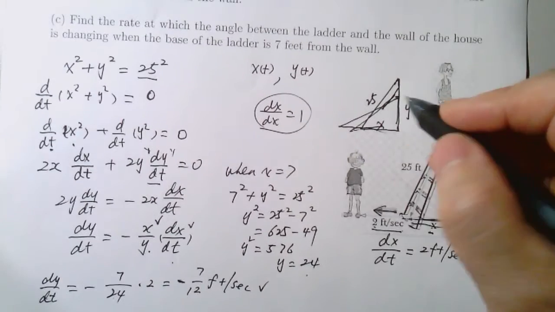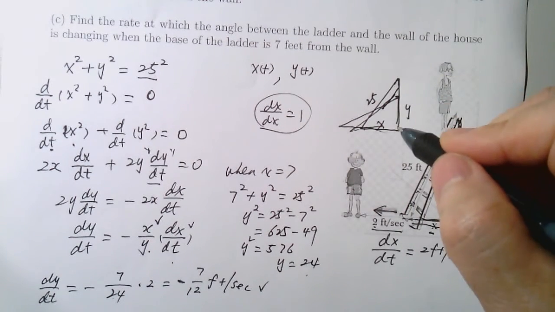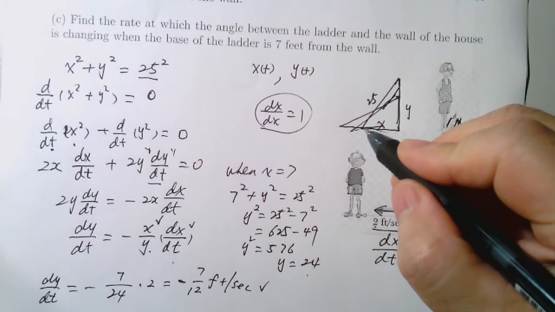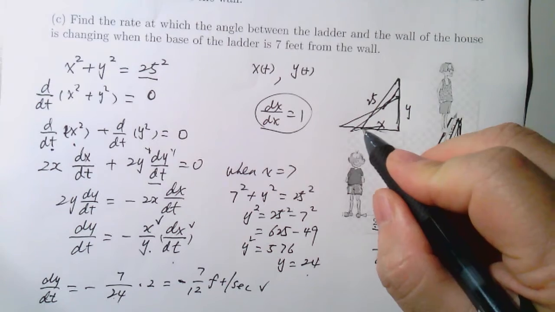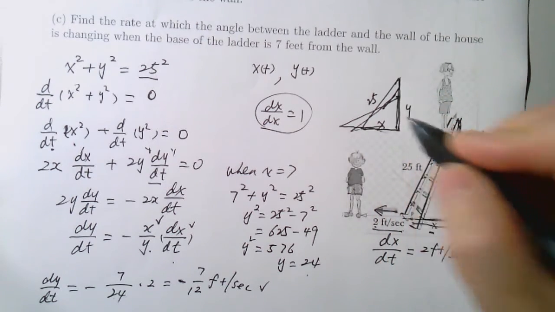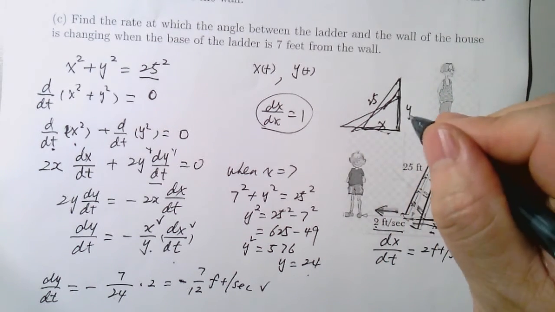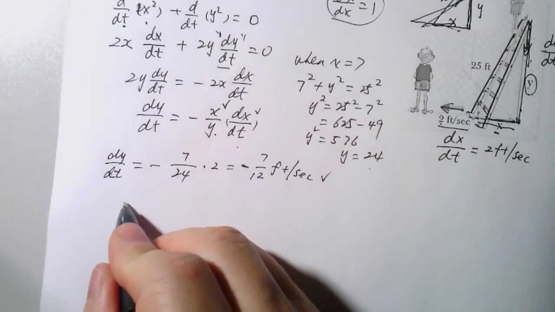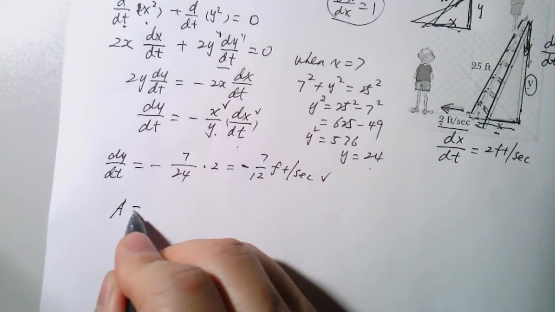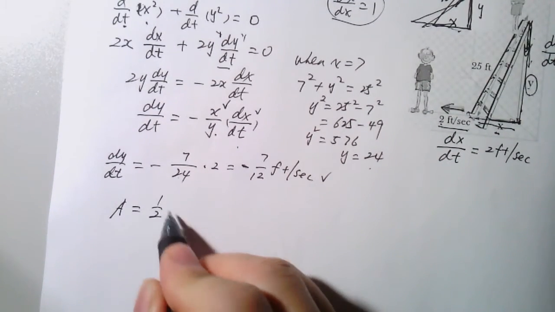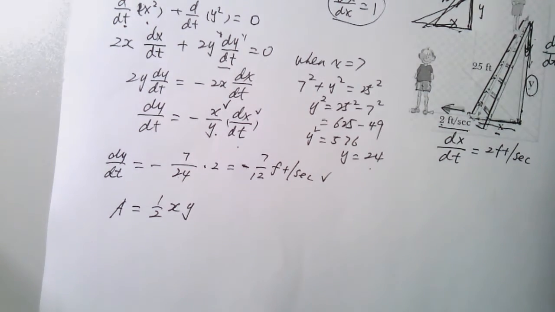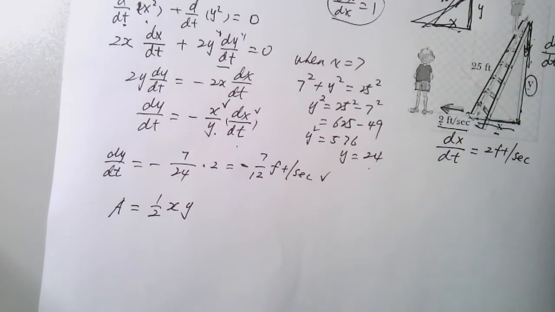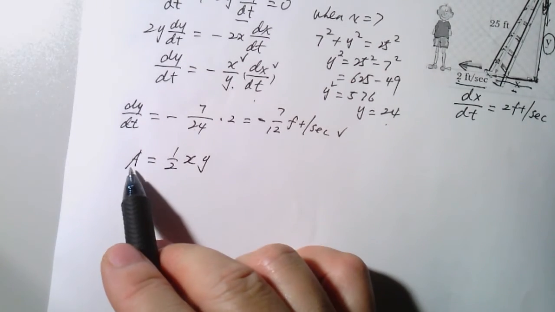You can see this is a right triangle. For a right triangle, the area equals the base times the height divided by 2, which is x times y over 2. So area equals 1/2 times base times height.